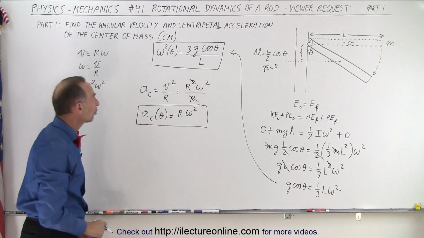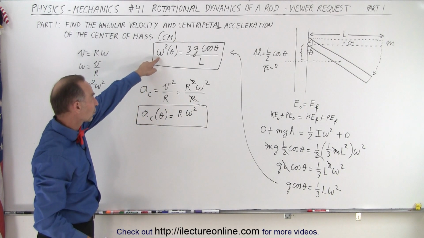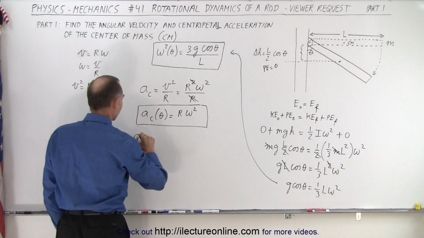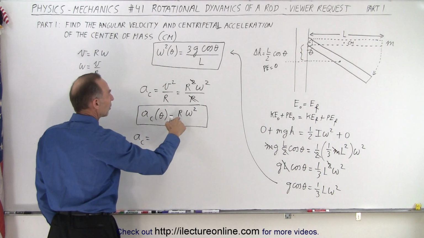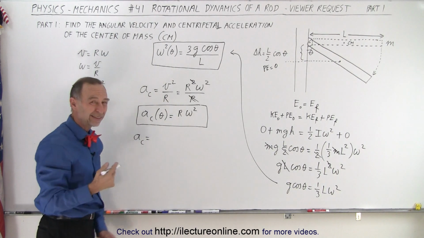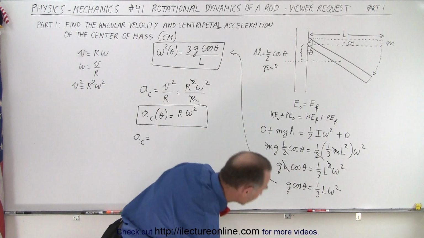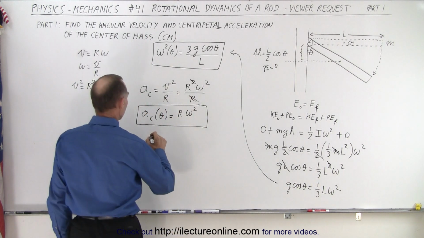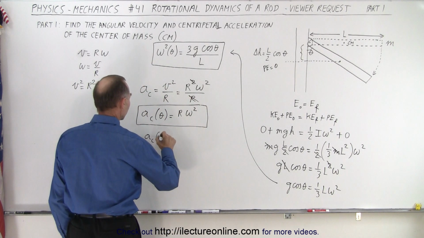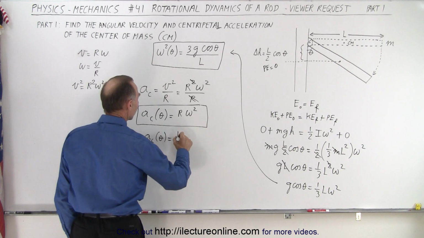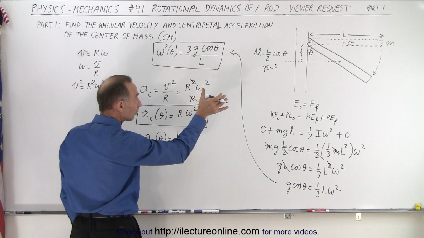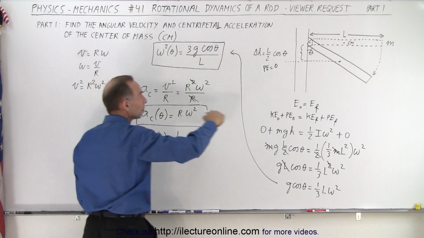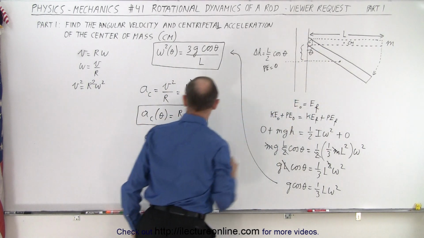And finally, if you want, you can replace omega squared by this. The r, of course, can also be written as L over 2. Let me write that as well, because we may want it in that form. So the centripetal acceleration as a function of theta is equal to L over 2 times omega squared, because the radius of the rotational motion for the center of mass is half the length of the rod.